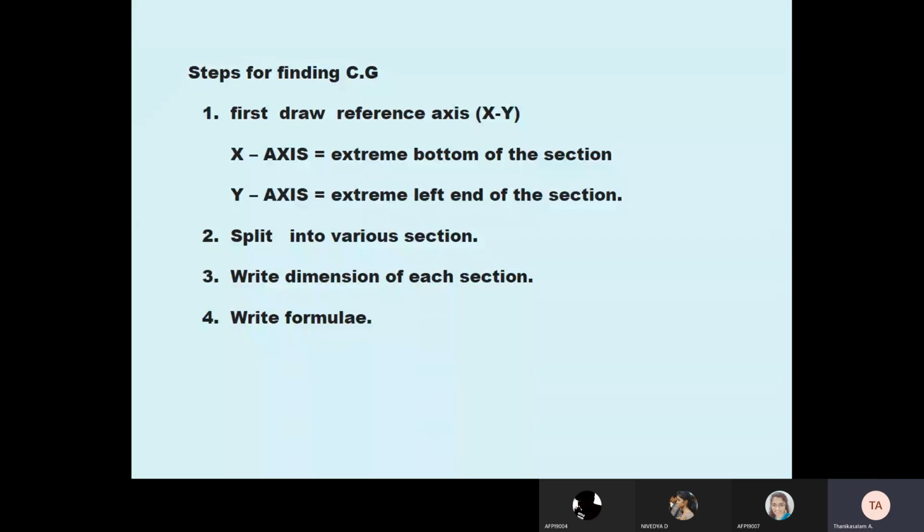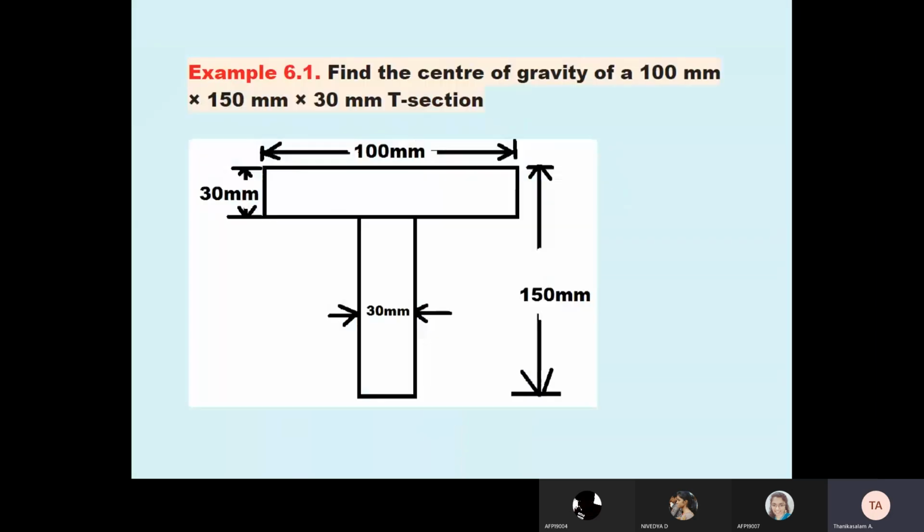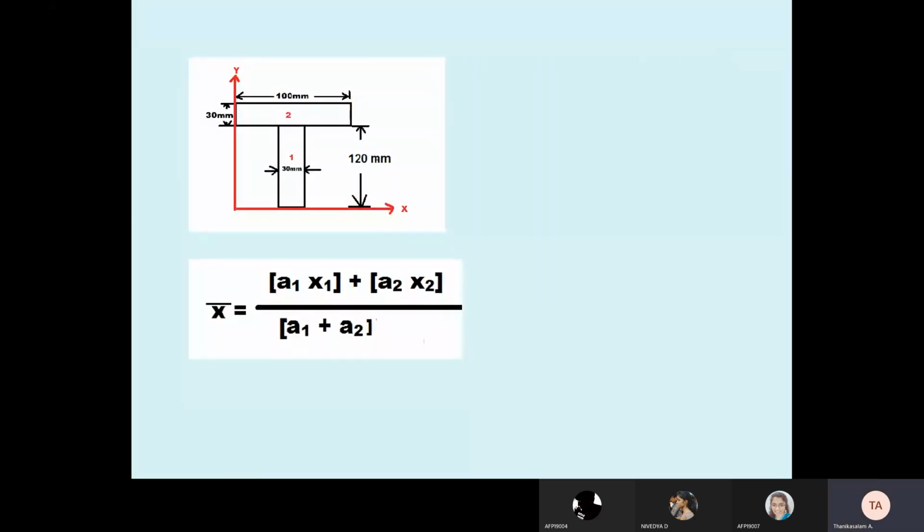What is the second step? Split into various sections. I split it into 1 and 2: 1 means the first rectangle, 2 means the second rectangle. Now the dimensions of each section.